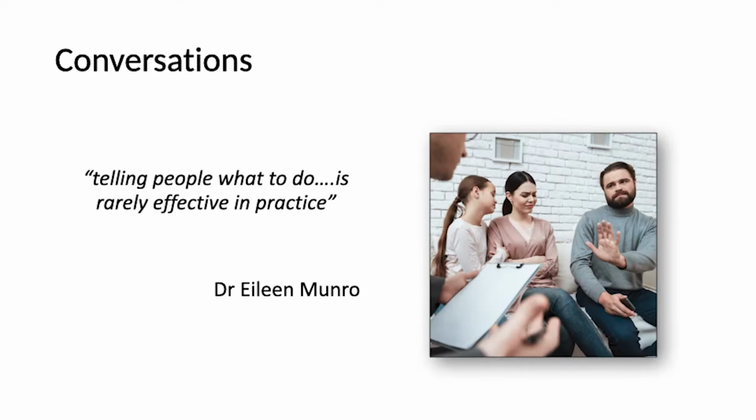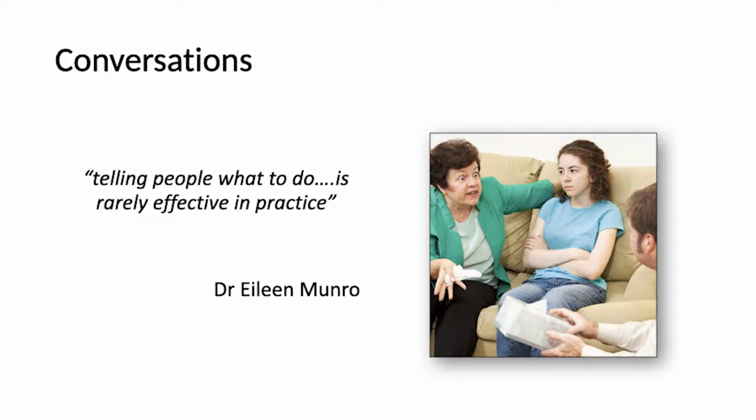When we look at having better conversations about keeping children safe, what do we mean? What are some of the practices that we'd want to see? If we go back to 2011, Professor Eileen Munro said that telling people what to do is rarely effective in practice. This is said because telling people what to do tends to make people defensive.